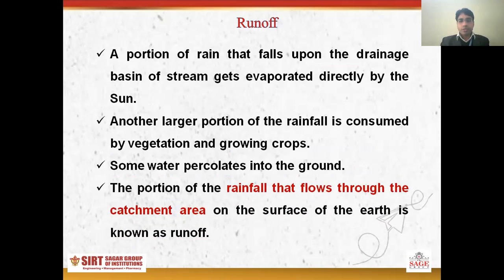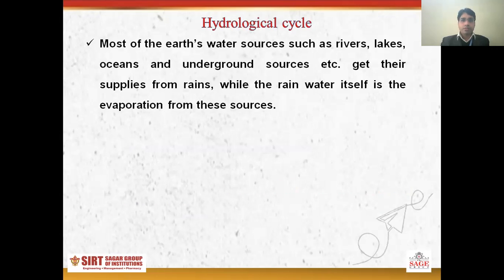The portion of the rainfall that flows through the catchment area, that means the area behind the dam, on the surface of the earth is known as runoff. So this is the runoff, and now we are going to discuss the hydrological cycle.